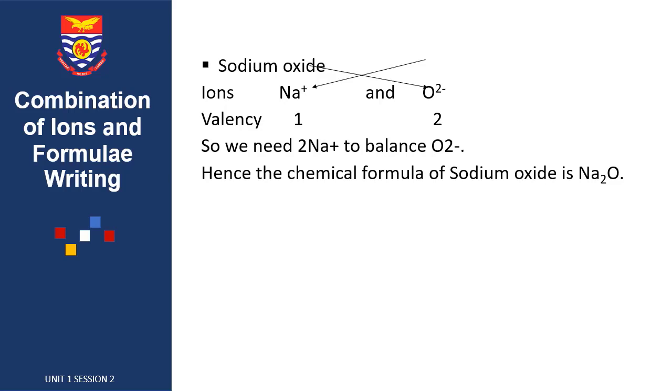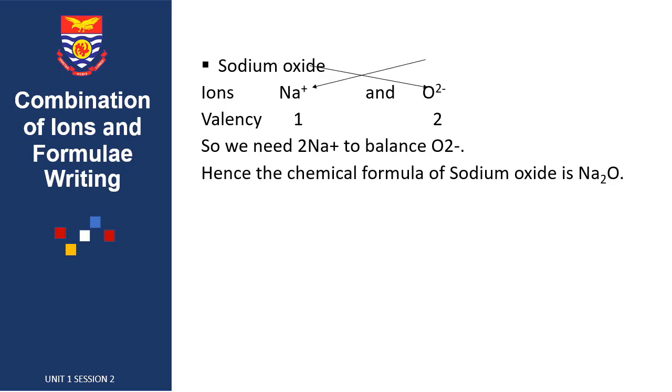So we need 2 of the sodium ions to balance that of the oxygen, because the sodium is +1, oxygen is 2 minus. Now if we get that factor, and in this case we are only cross multiplying, we are only giving the valency of sodium to oxygen and that of oxygen to sodium, then we are going to write each number as a subscript against its atom.